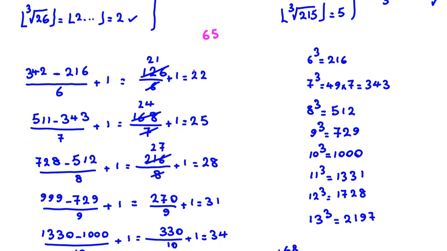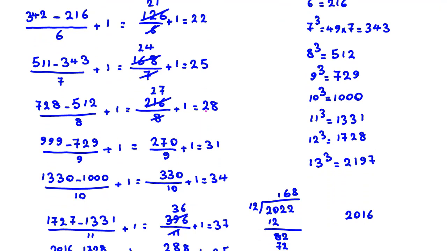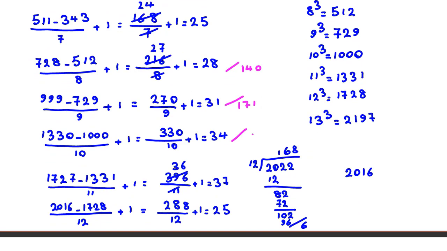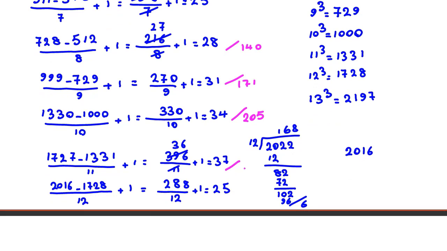So 65 plus 20, 85 plus 2, 87, 107, and 112, 132, and 140 up to here, 171. Next one is 205. And if we calculate this one, it will be 242. And this one, 429, 426, and 2. And the answer is 267.